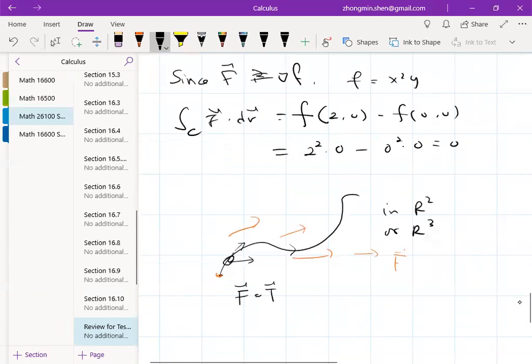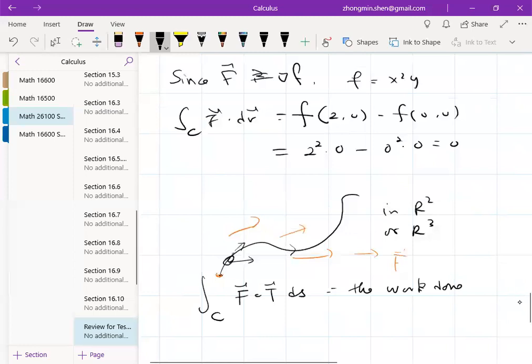It's a projection of the force. That is the length of the projection. So this integral of F dot T ds is going to be the line integral of the vector field. This actually is going to be the work done, the work done by moving this object along the curve by the force F.